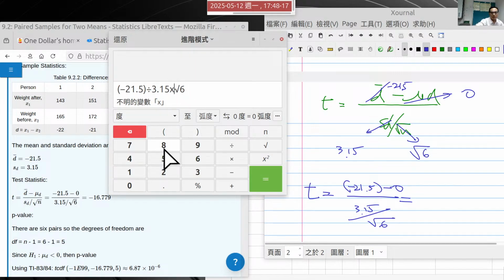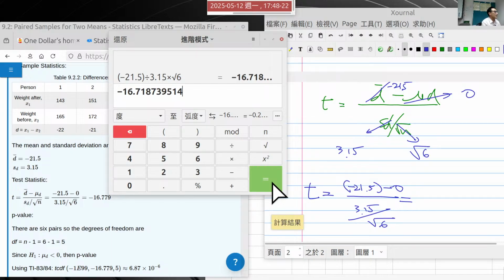Oh, so it's not x, sorry, it's multiplication. Okay, we got the answer.